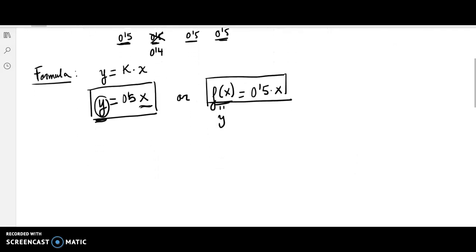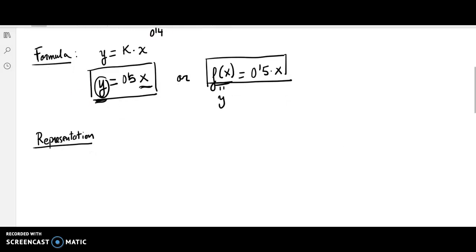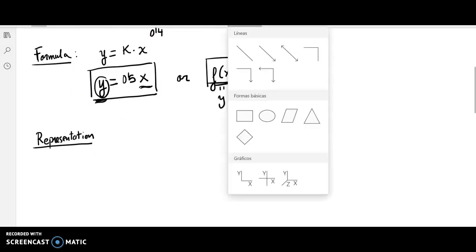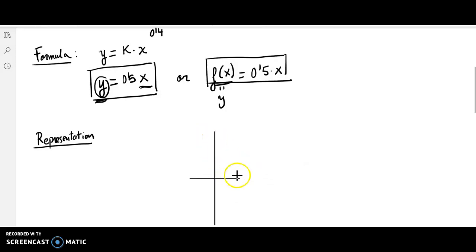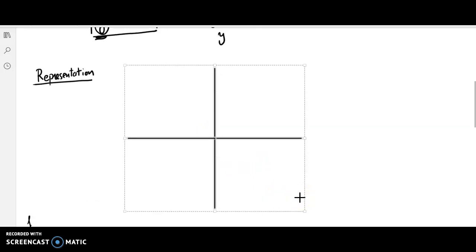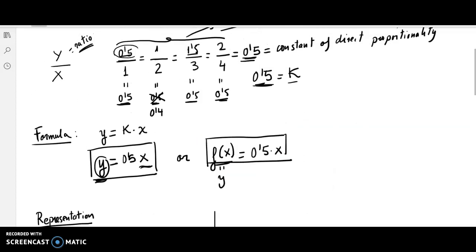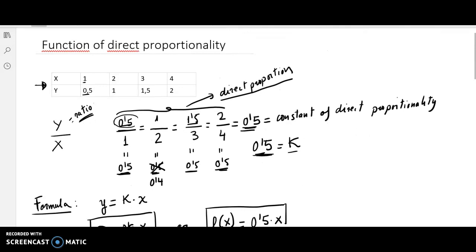Of course, we can represent this function. So we can make a coordinate axis and represent the coordinates. I'm going to make this quickly. In the table, you have the decimal numbers.